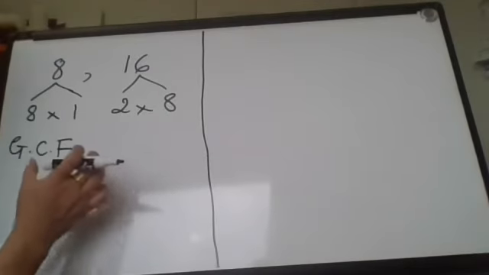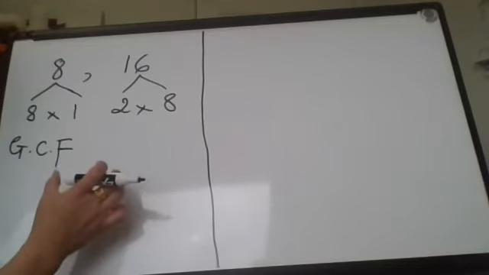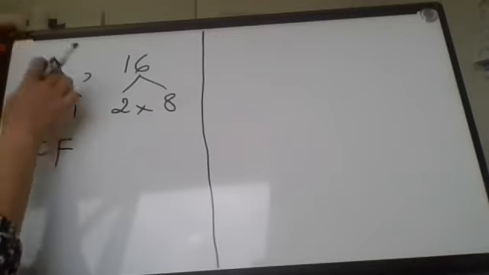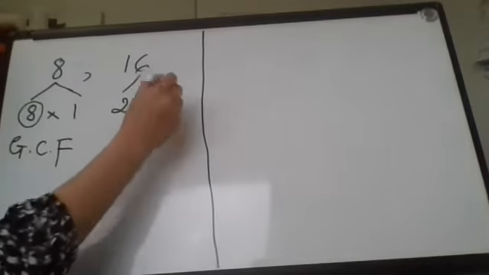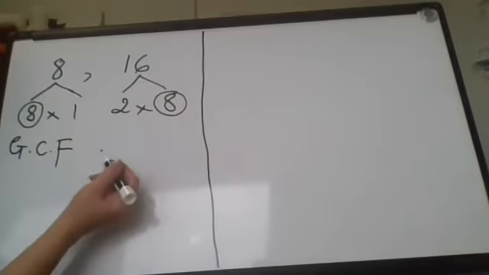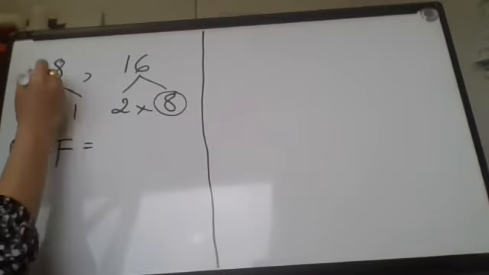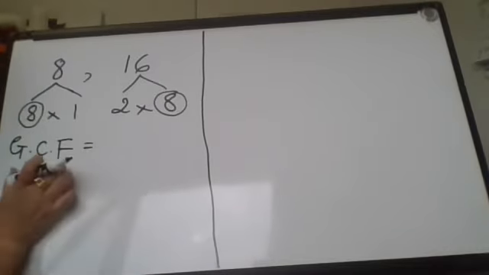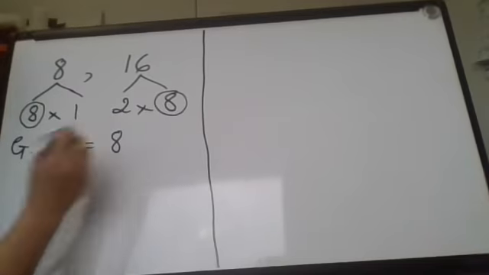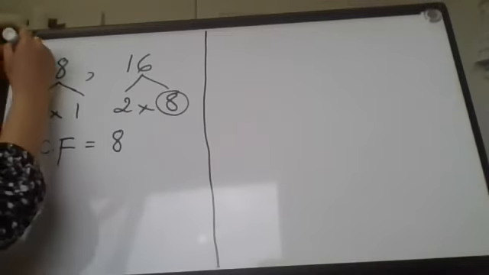So what is the common factor? It means the same number appears in both numbers. The only number the same here is 8, and that is the greatest common factor. So for these two numbers, 8 and 16, the greatest common factor is 8. So this is example 1.